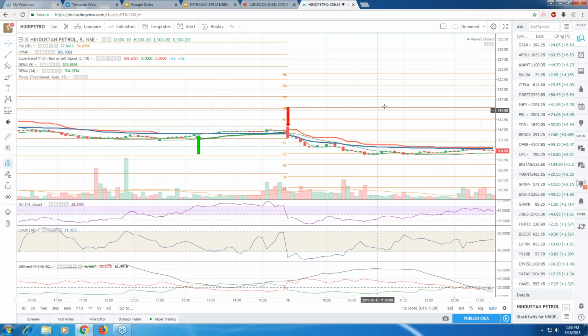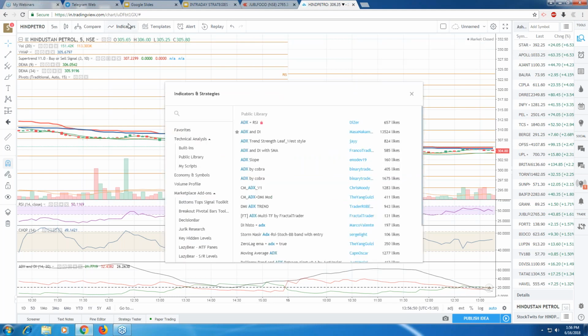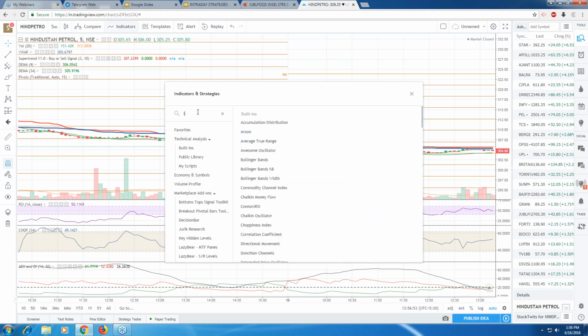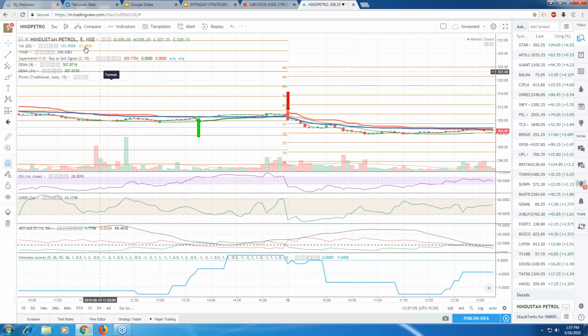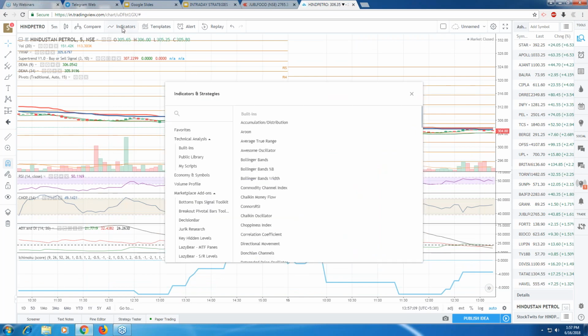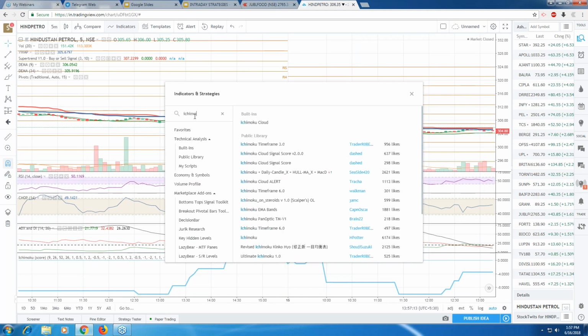And if you want, you can have Ichimoku also. So let me just put Ichimoku. Where is Ichimoku? Here. And I'm going to change a bit about it. What is Ichimoku here?